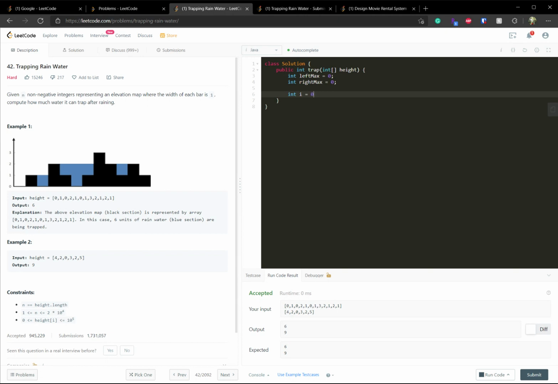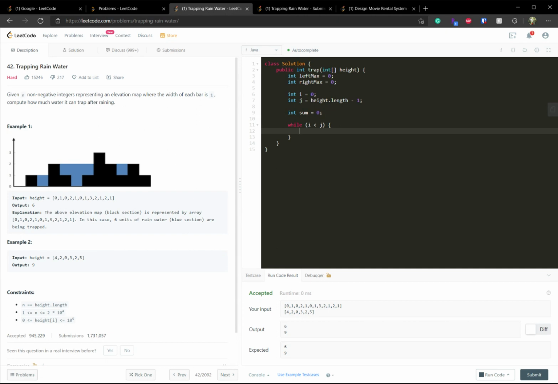So let's say i is equal to 0 and j is my right pointer that points to the rightmost element, which is length minus 1. And as long as the two pointers don't meet, we'll continue the calculations. So we also need a counter to keep track of how much water we have found so far.